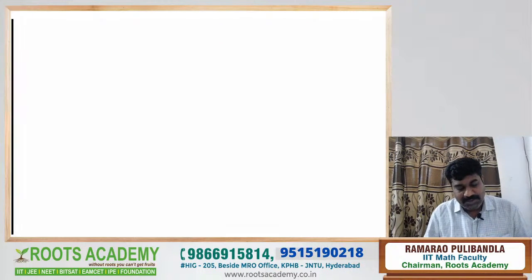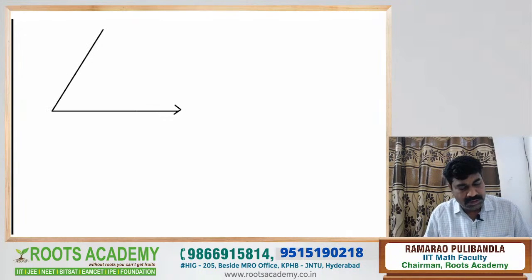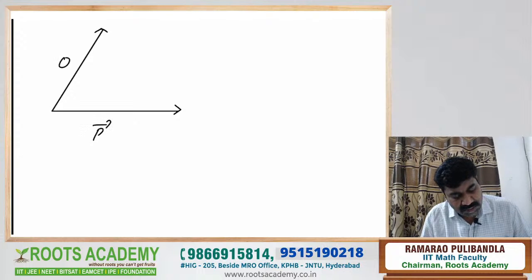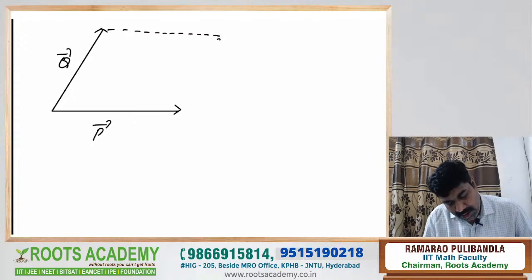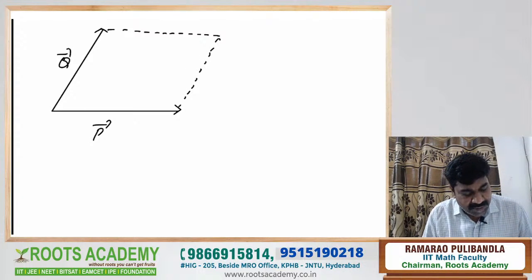Now we go for the explanation. If two vectors are represented by the two sides of the parallelogram, for example, this is P bar, this is Q bar. What is the angle between P bar and Q bar?